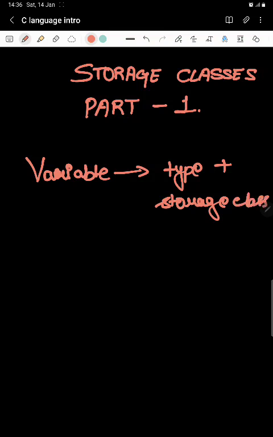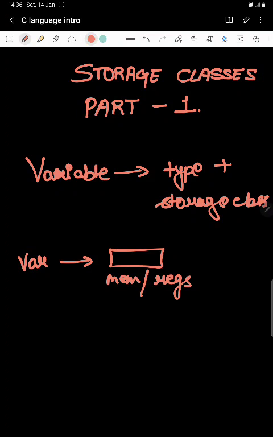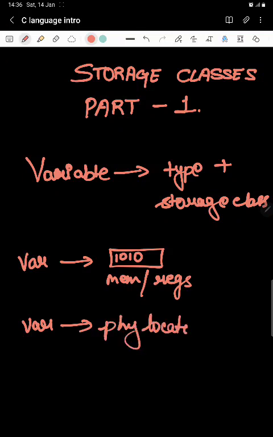As in the previous video we talked about, a variable occupies a physical location. So a variable will occupy some physical location in the memory or registers, and in these physical locations, some values will be stored in the form of bits.